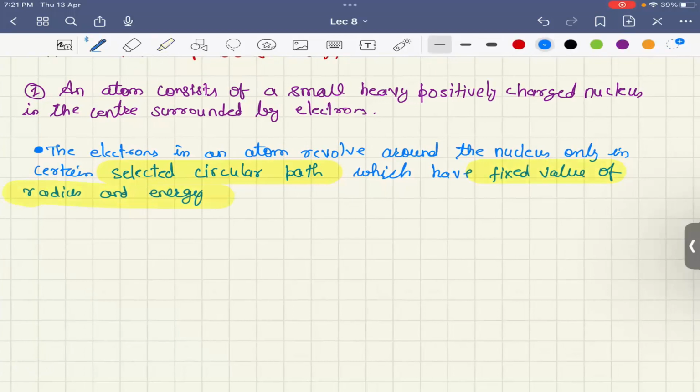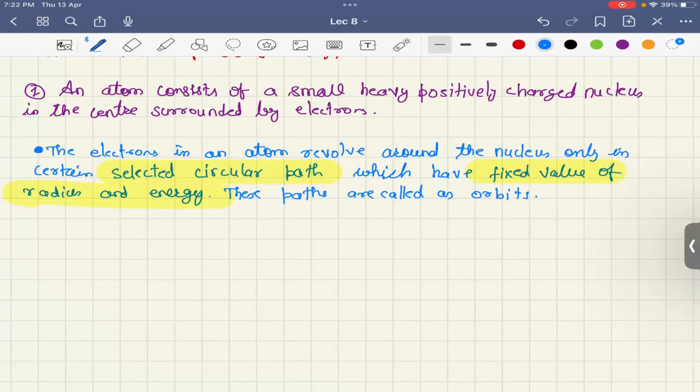And these circular paths are called orbits. These orbits are associated with well-defined energies and are called energy shells or energy levels.